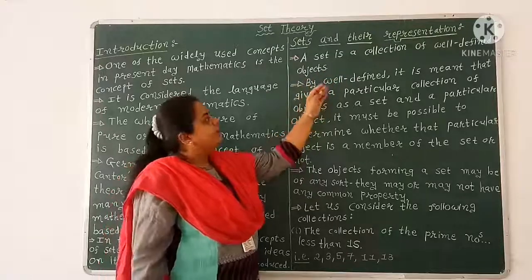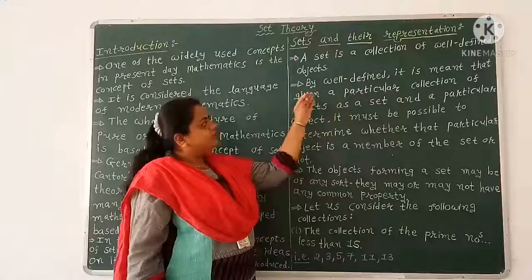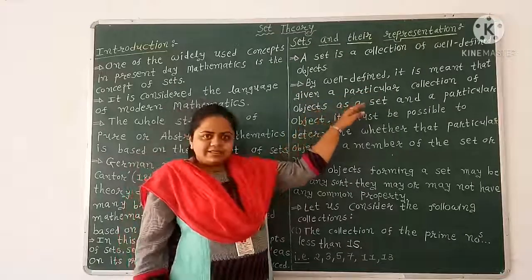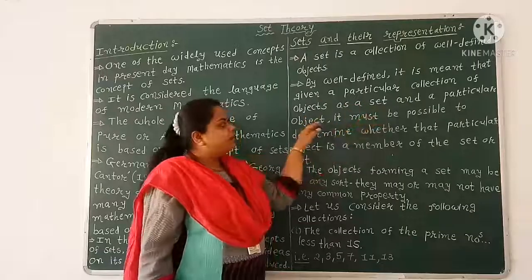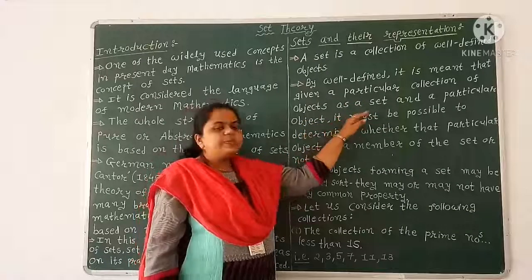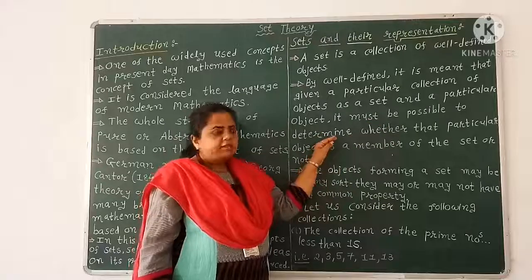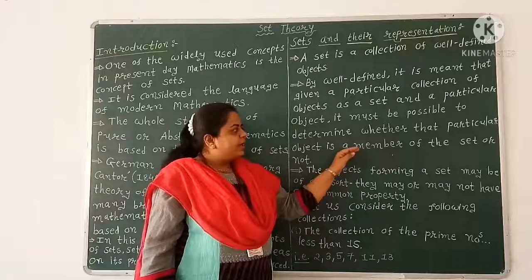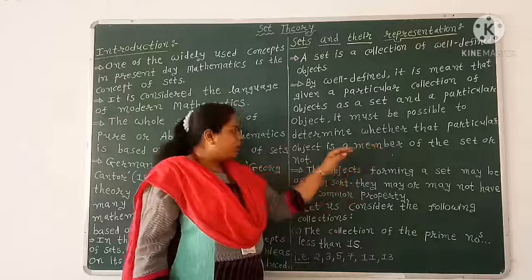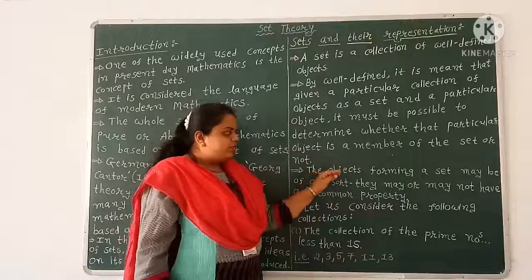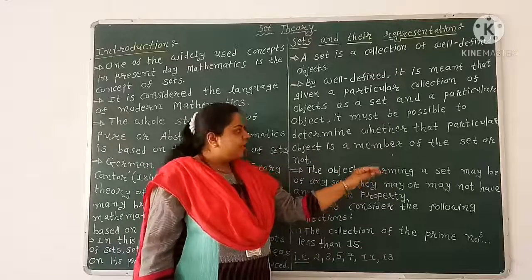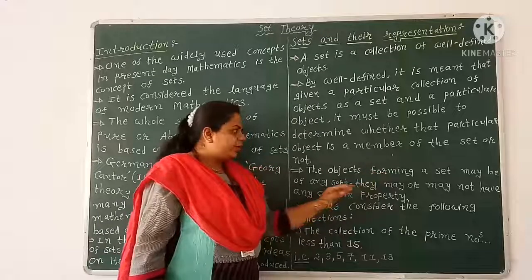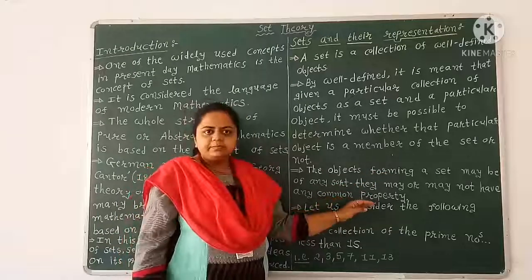Well-defined means that given a particular collection of objects as a set and a particular object, it must be possible to determine whether that particular object is a member of the set or not. The objects forming a set may be of any sort. They may or may not have any common property.